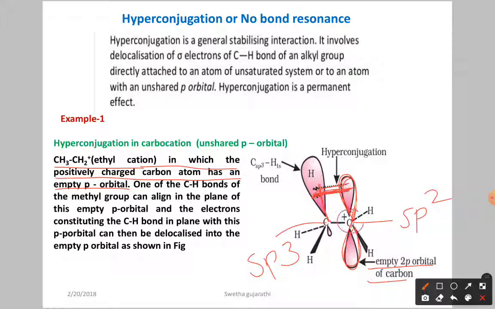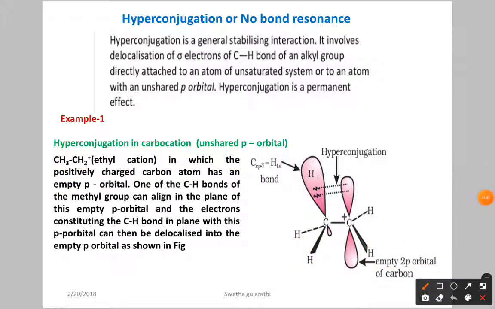One of the CH bonds of the methyl group can align in the plane of this empty p orbital, and the electrons constituting the CH bond in plane with this p orbital can then be delocalized into the empty p orbital, as shown in the figure.